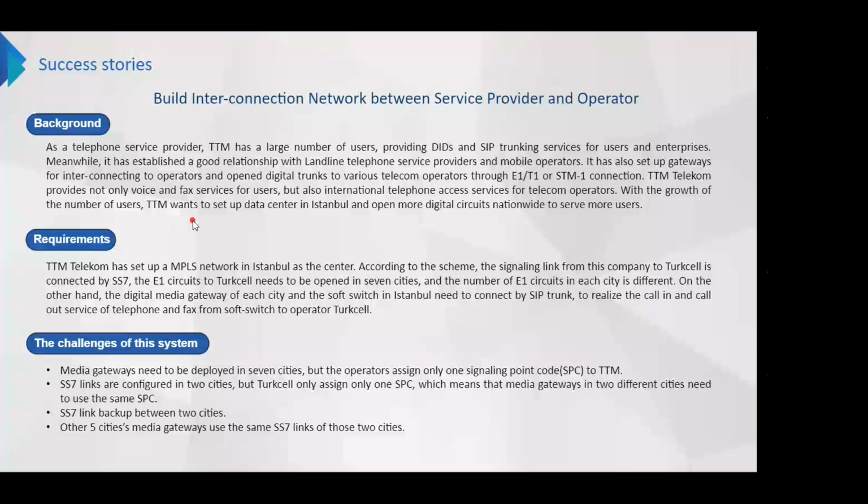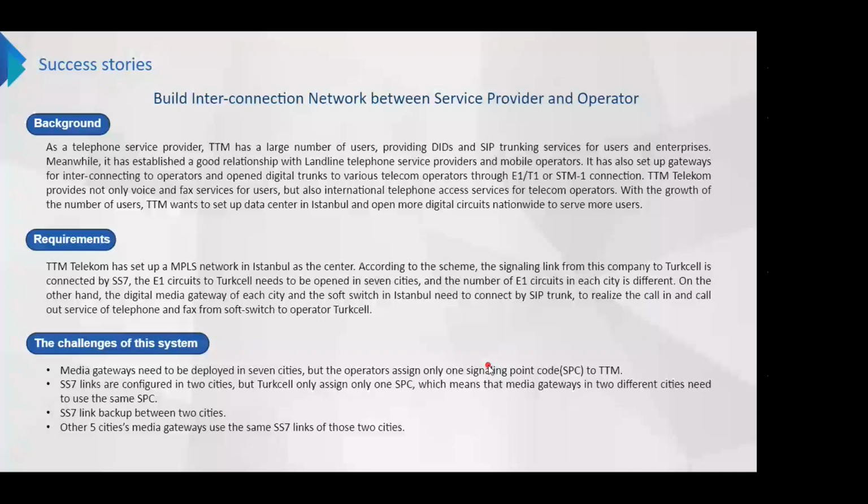So the requirement here is TTM has an MPLS network in Istanbul and a call data center. So only one signaling link. Here we see that SPC link, okay. And SPC code is like a resource and it's very limited. So the service provider cannot offer you as much as you want.